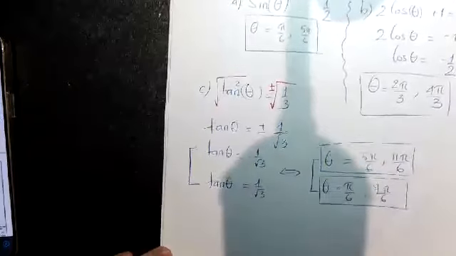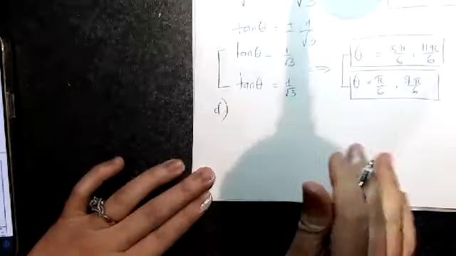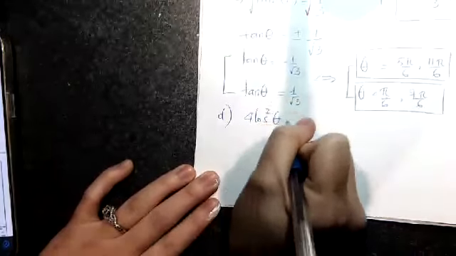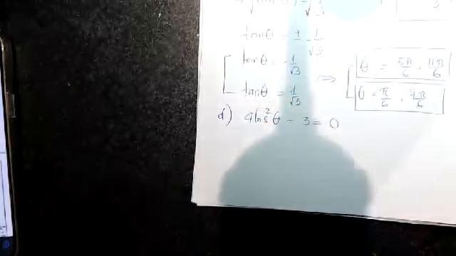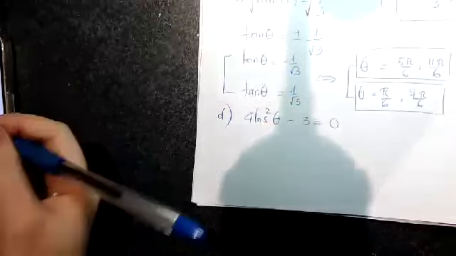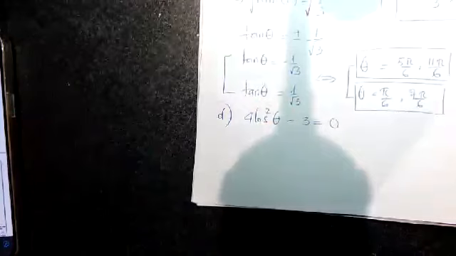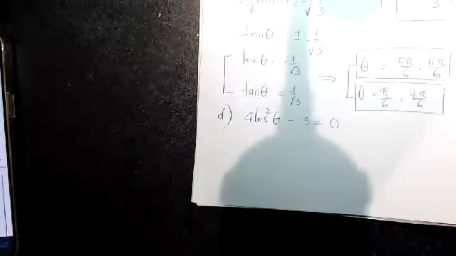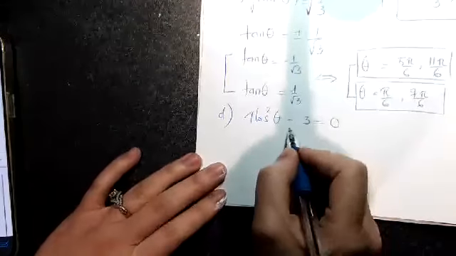Why don't you try part D? Try this: 4 cosine squared theta minus 3 equals 0. Just pause it and do it first.